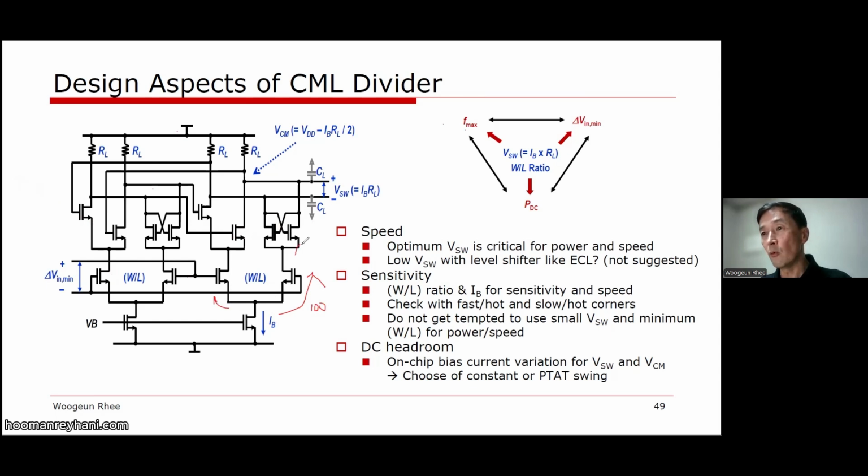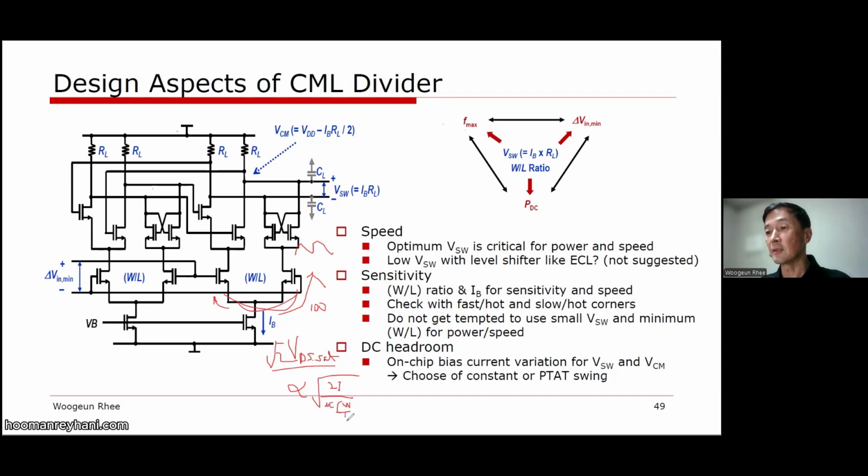But when you have a small signal swing with a minimum W ratio, the guaranteed swing is given by the square root of 2 times VDS set. Actually, we need more than this number. As you know, this is the overdrive voltage, which is the square root of 2I times VDS over mu Cox and the W ratio.